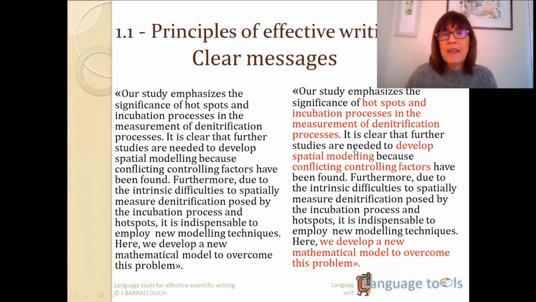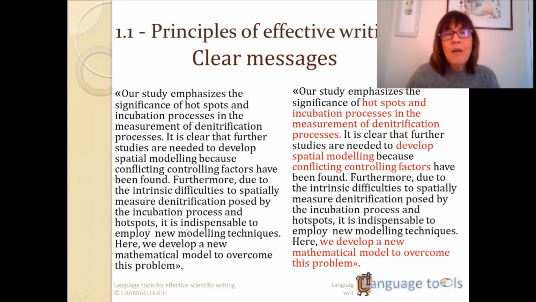It is clear that further studies are needed to develop spatial modeling because conflicting controlling factors have been found. So far, more or less so good. But then all of a sudden here we have a lot of repetition, which is totally unnecessary. And finally, we have an explanation of what we are doing, that we are going to develop a new mathematical model to overcome these problems that are associated with this.